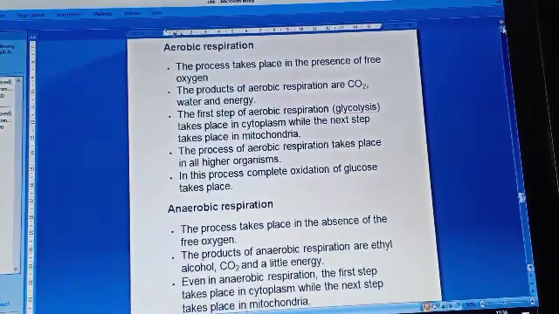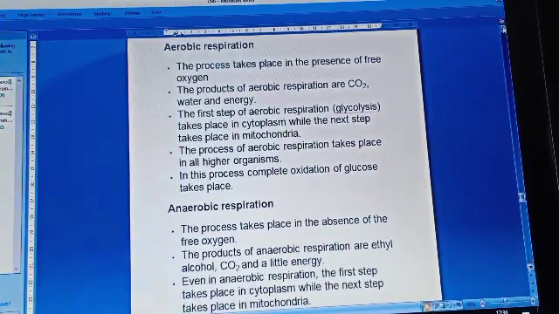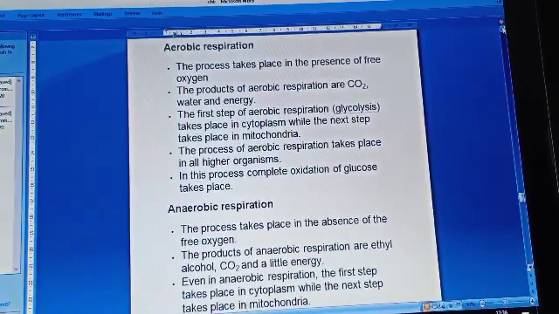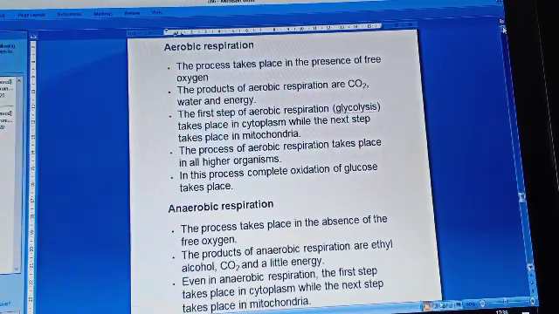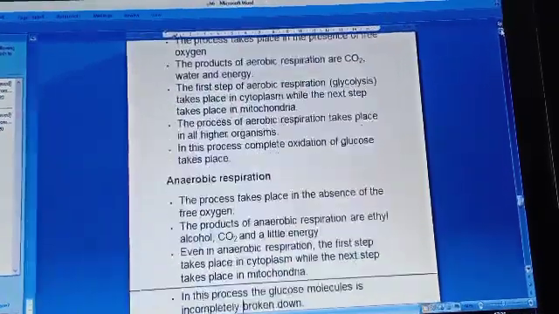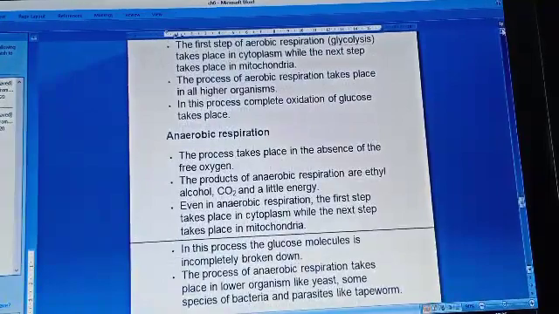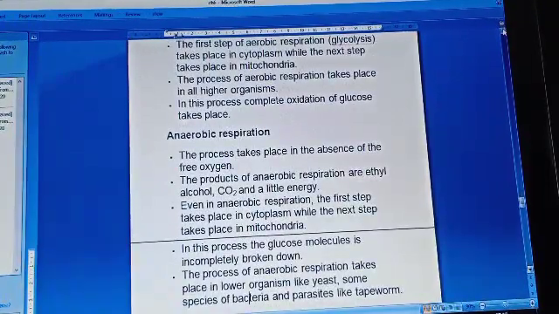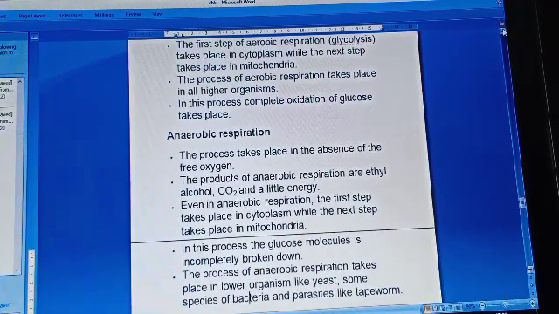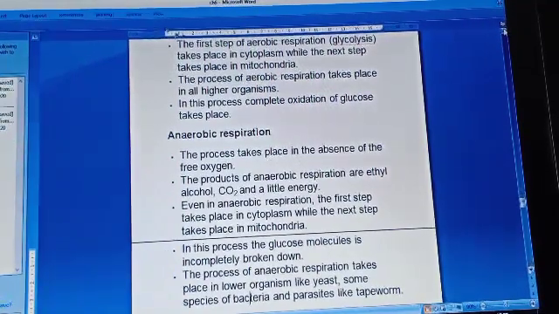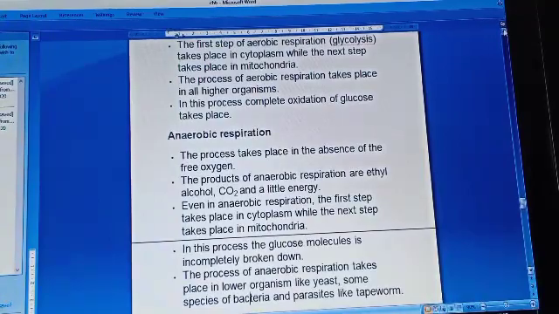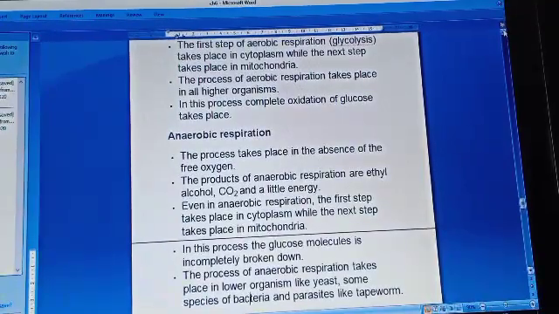Whereas in anaerobic respiration, the first step also takes place in the cytoplasm, and the next step does not take place in the mitochondria. Here something is wrong, so do not write down the mitochondria over there.